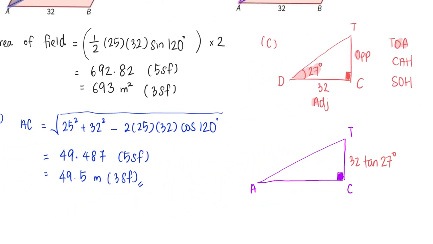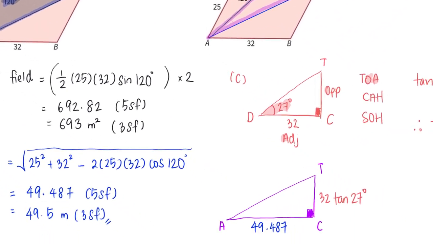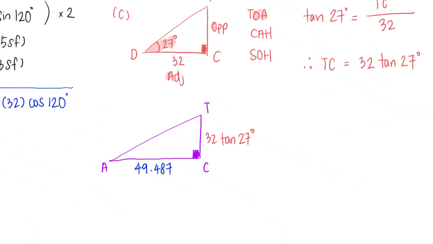AC, I also got previously, 49.487. The angle of elevation of T from A, we are talking about this angle here.